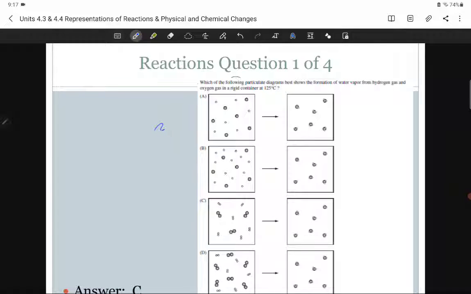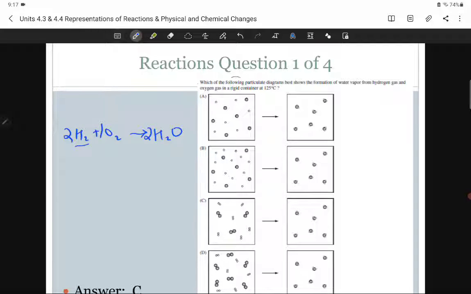For the formation of water vapor, we better have H2O as a product. So how are you going to make that? You would need to use hydrogen gas and oxygen gas. And we'd also want to make sure this was balanced, so it's a 2-to-1 ratio between the two reactants.